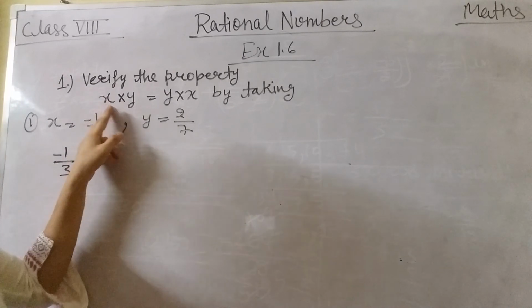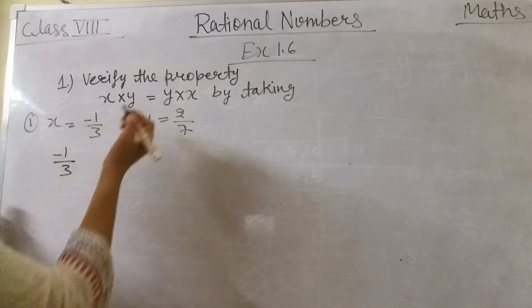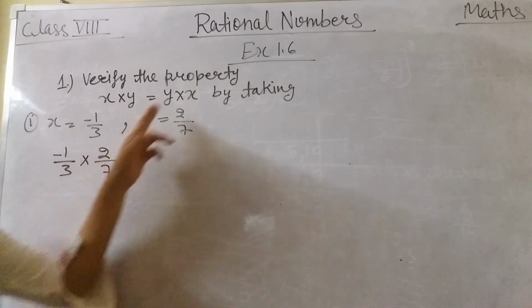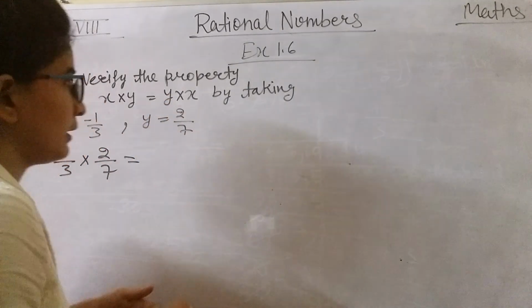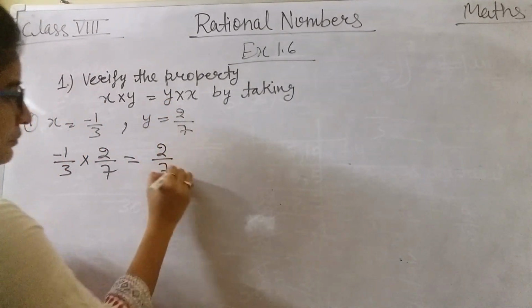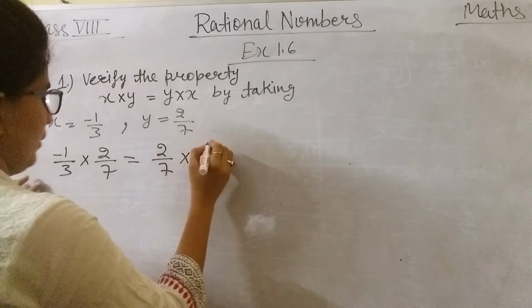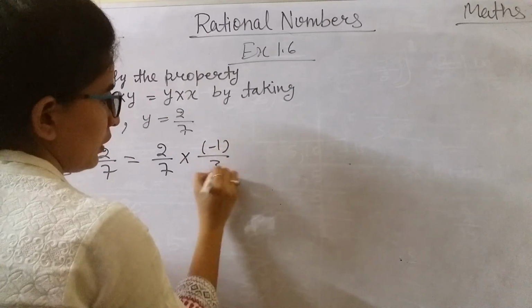We will take x as 1/3 and y as 2/7, and here we will take y first, that is 2/7, and x is minus 1/3.